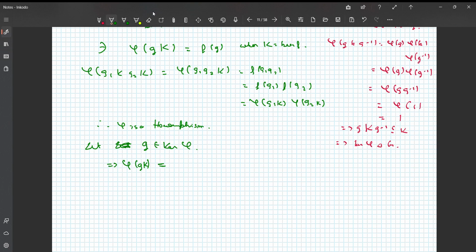But phi of GK is F of G, so we have F of G here, right? Then phi of GK must be 1. Is it clear? Now what do we mean by phi of GK being 1? That is the main question we need to answer.